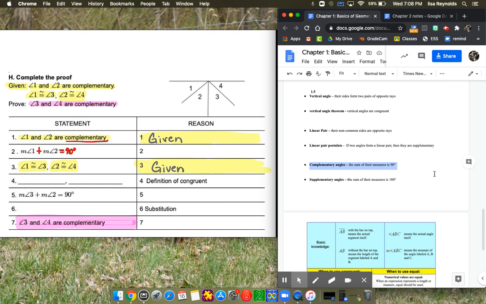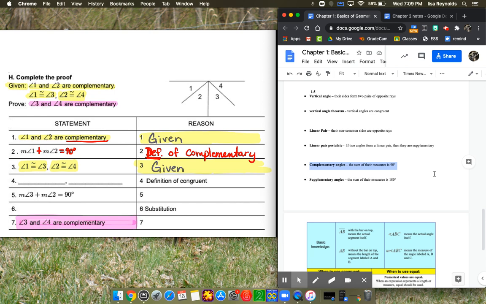My reason for this is that I was using the definition of complementary. And you do have to tell me that you're using the definition. We have theorems that talk about complementary, but this is the definition. If it's your vocabulary word, it's the definition of.